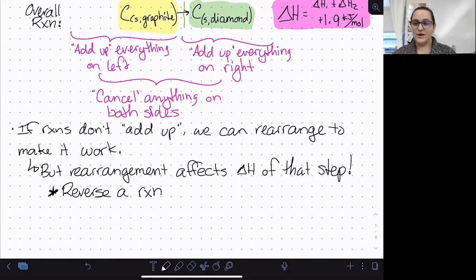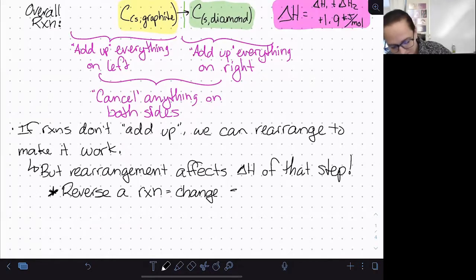I can reverse it. Products become reactants, reactants become products. When I do that, I'm converting between the same materials, but I'm going in the opposite direction. So the same amount of heat will transfer in the opposite direction. Means all I need to do is change the sign of delta H.